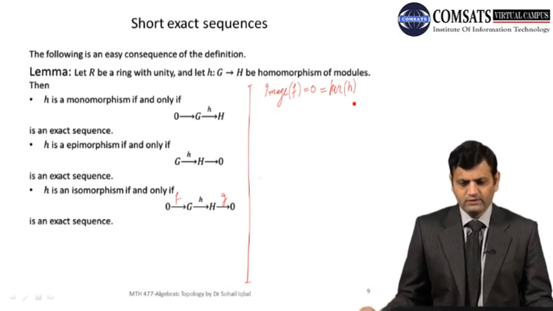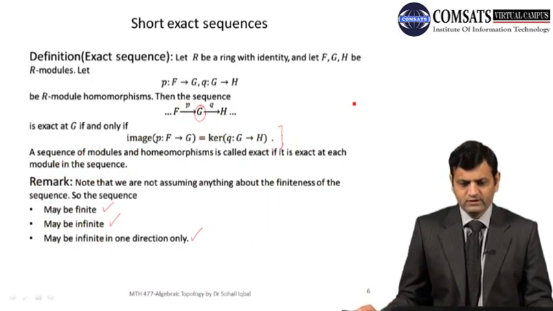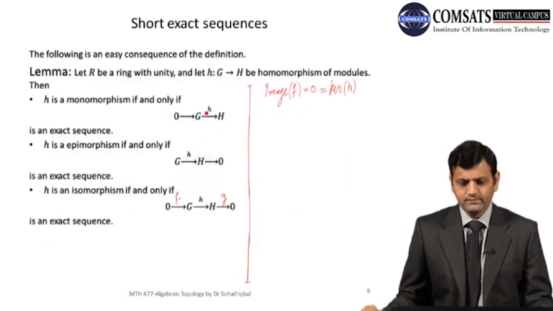Why do we require this? Because we are assuming that it is exact. According to the definition of exactness, if it is exact at G, then the image of P must be equal to the kernel of Q. So using this notation, we derive that kernel of h is 0.